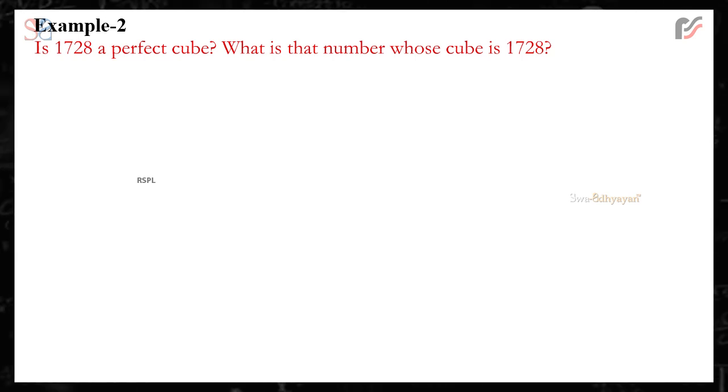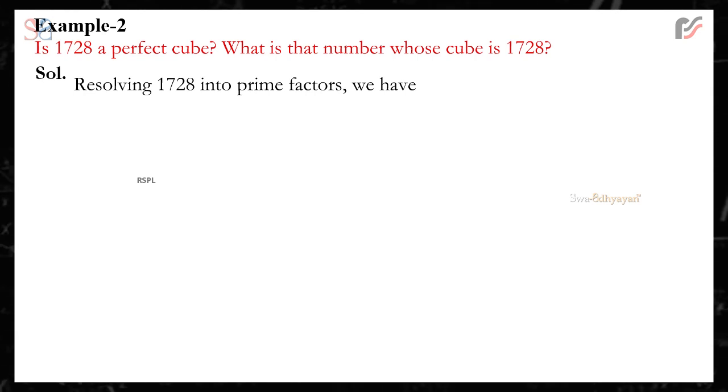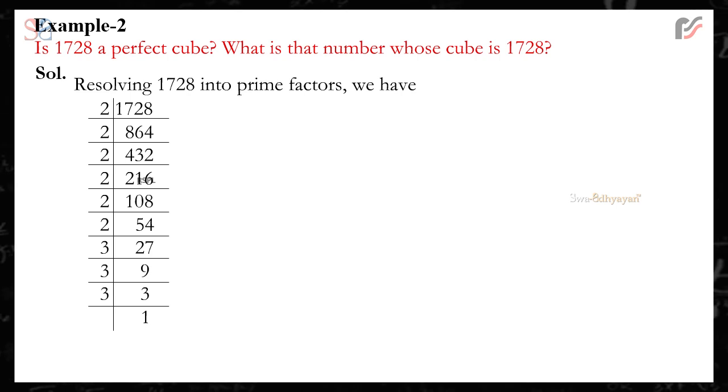Example 2. Is 1728 a perfect cube? What is that number whose cube is 1728? Solution. Resolving 1728 into prime factors, we have, on dividing 1728 by 2, we get 864. On dividing 864 by 2, we get 432.